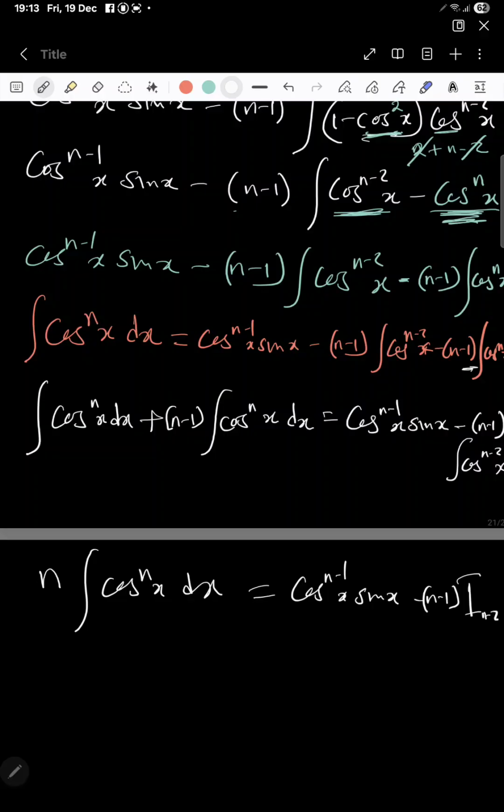Okay, so now remember we want to derive the formula for the integral of cos to the power n x dx, and we still have the n there. So what do we do? Divide by n throughout. So we have over n, over n, over n.